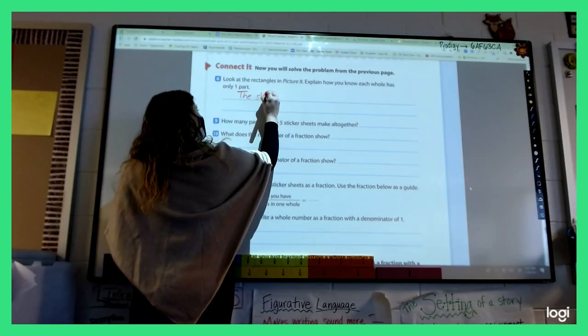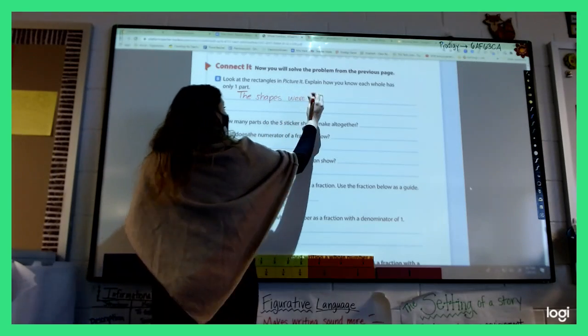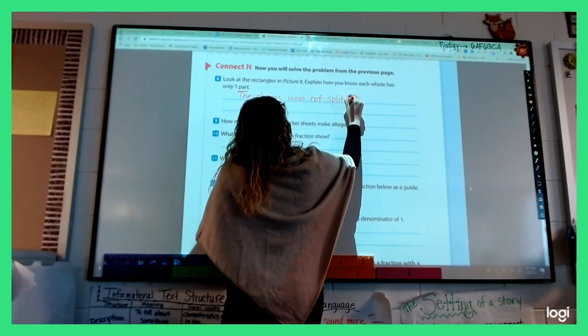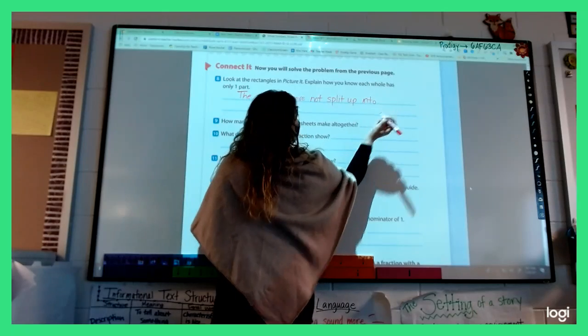The shapes were not split up into equal parts.